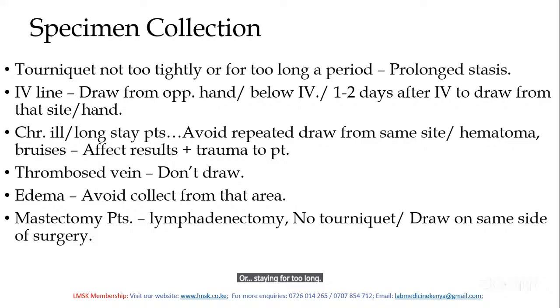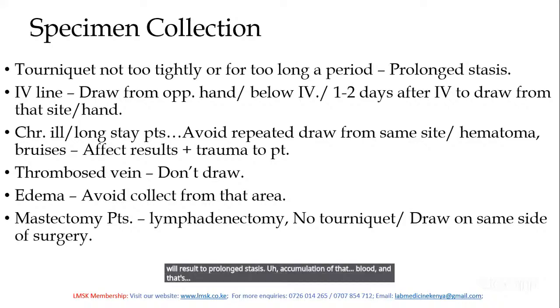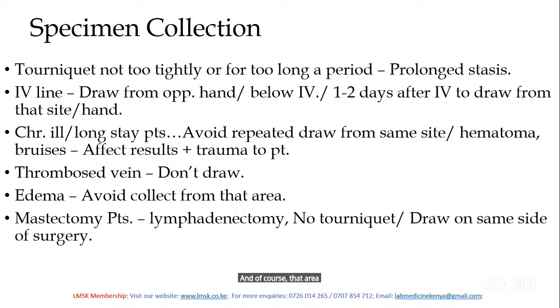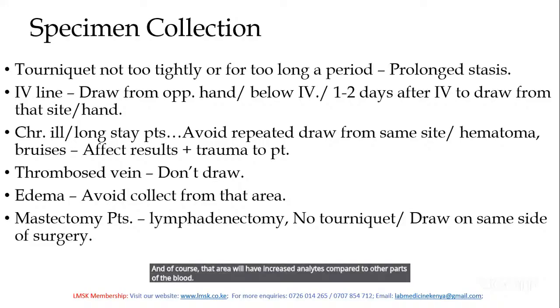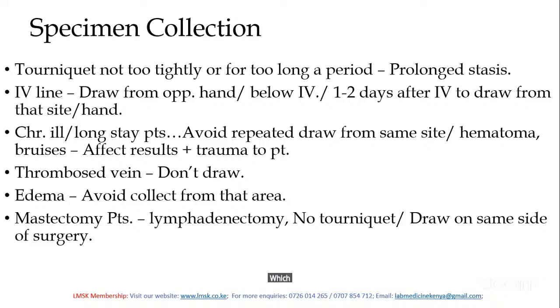Both too tight or staying on for long periods will result in prolonged stasis, accumulation of blood at that local place. And of course, that area will have increased analytes compared to other parts of the blood, which will result in false reports. So avoid that.